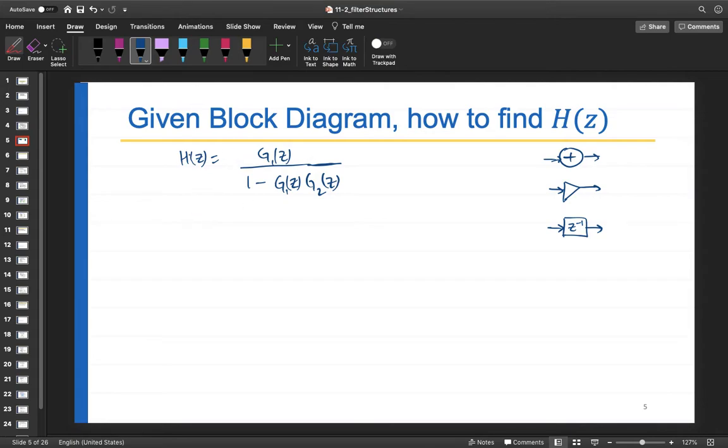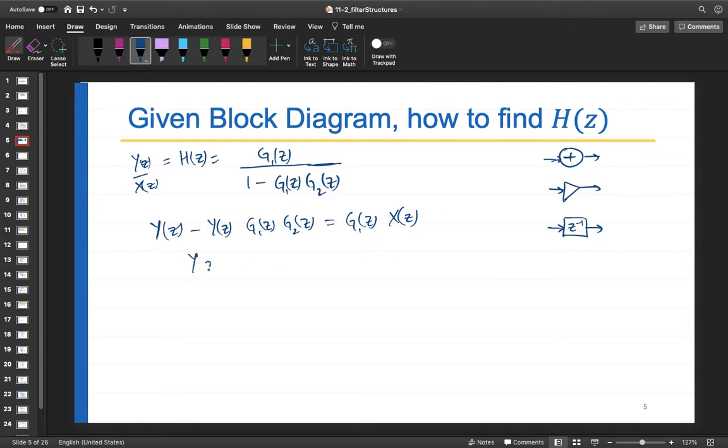Okay, so basically, how do we do that? You write it down in terms of Y(z) upon X(z). So this is Y(z) upon X(z). Now you know Y(z) minus Y(z) G1(z) G2(z) is equal to G1(z) X(z).